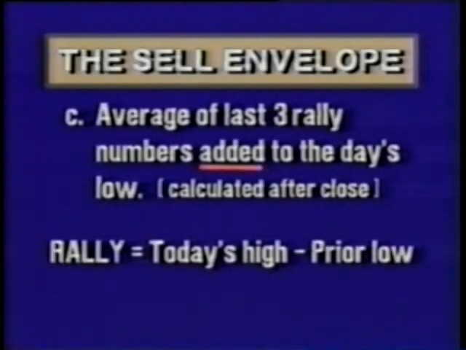The third component is the average of the last 3 rally numbers added to the day's low, again calculated after the close. So assume again it's Tuesday afternoon, the market's closed for the day, and we're doing these numbers for tomorrow, which is Wednesday. The rally is today's high minus the prior low. Again, if it's Tuesday afternoon, what was today's high? What was the prior low on Monday?